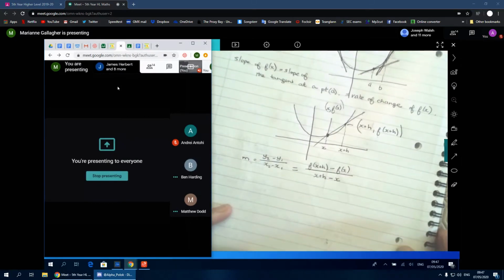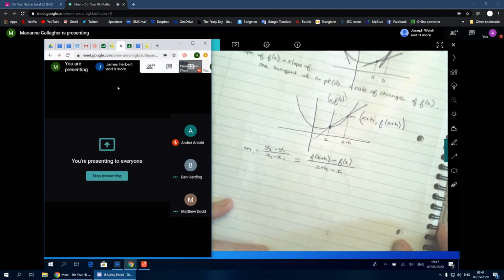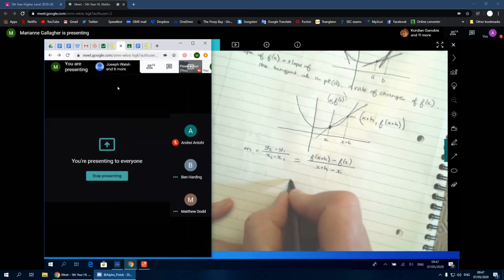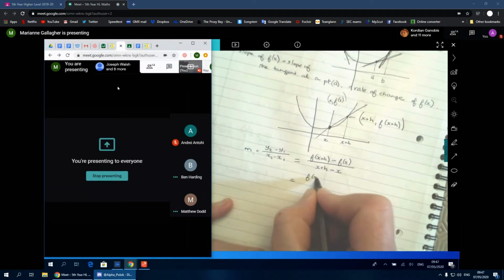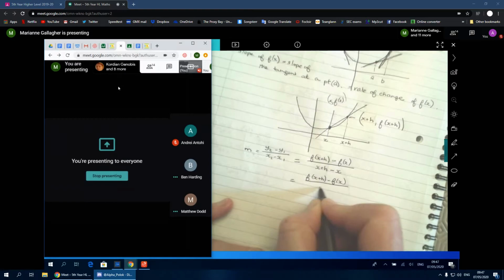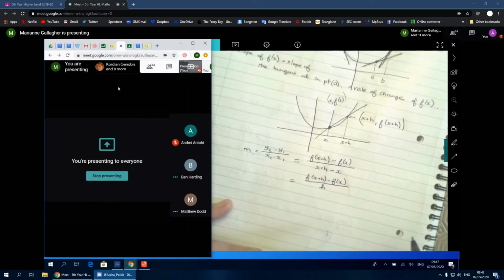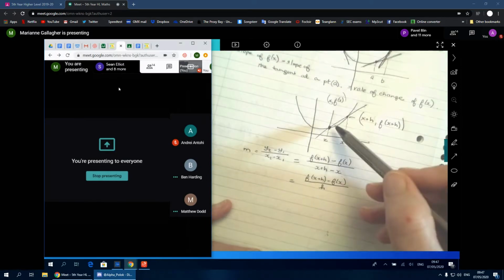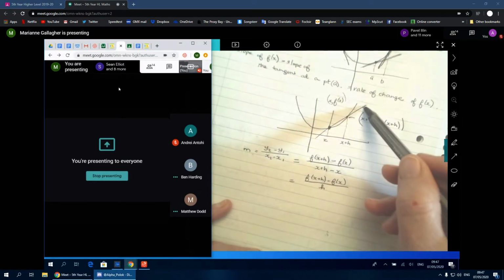Is that all right so far? Yeah. So just simplifying that, we can see that on the bottom, the x's cancel out, and we're just left with h. Is that all right? Yeah. x minus x is 0, so you're just left with h. So that's the slope of that line.